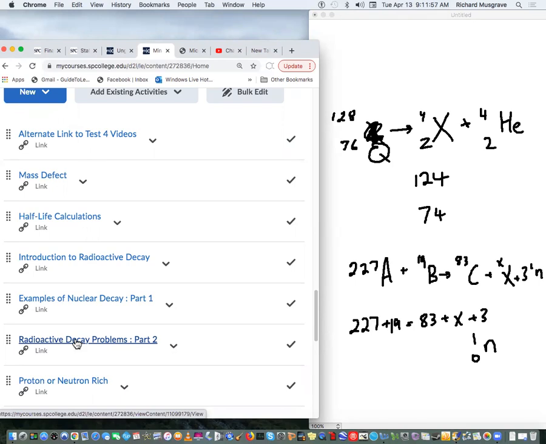So if it's proton rich, and it makes sense, it's going to be positron decay. It wants to release positive charges, right? And if it's neutron rich, then it's beta decay, so it's releasing electrons. I think that makes some sense. All right, any other questions?